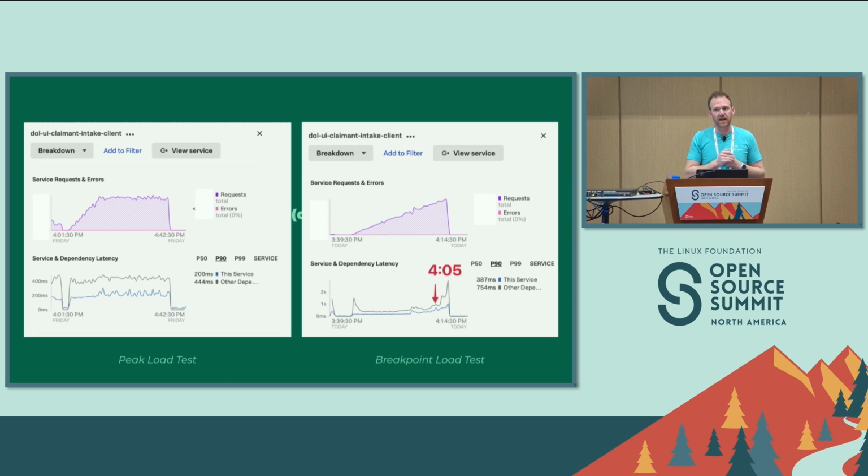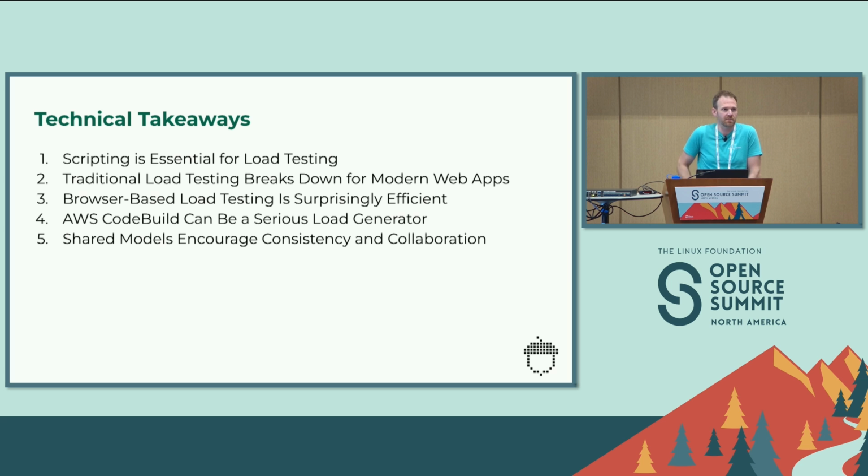So we were able to validate that we got pretty close to COVID numbers just using browser-based load testing. We definitely validated the scale of this thing and the fact that we could scale it up to a large amount. And again, this was a much, much more maintainable way to code for us.